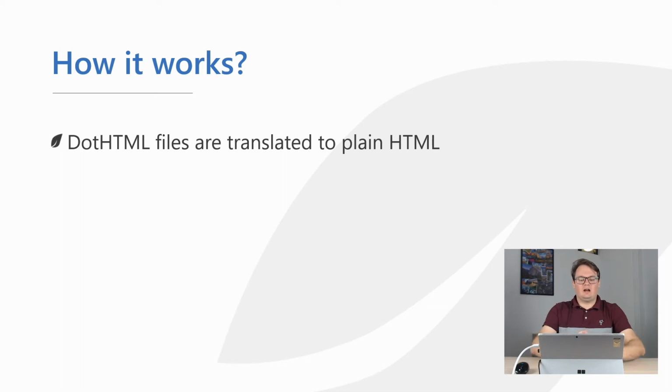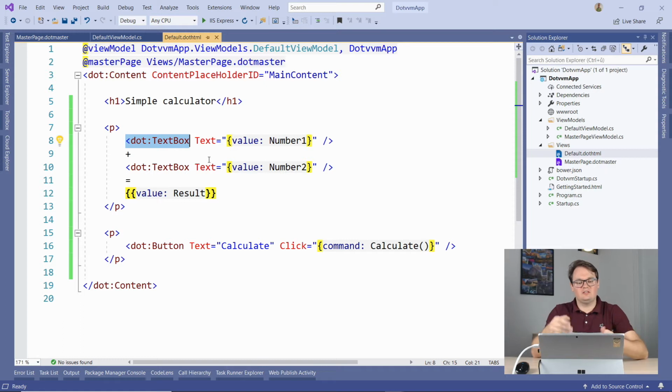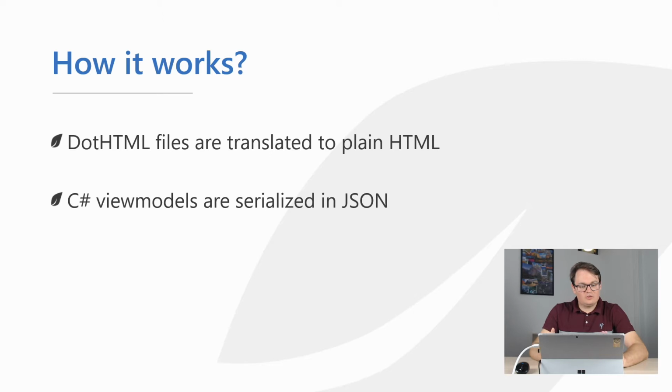.html files are translated to plain HTML because the browser, of course, doesn't know what dot text box means. So .vvm has to translate this into the HTML equivalents. It will produce input type text with some Knockout.js expressions. C# view models have to be serialized to JSON so they can be available in the browser.